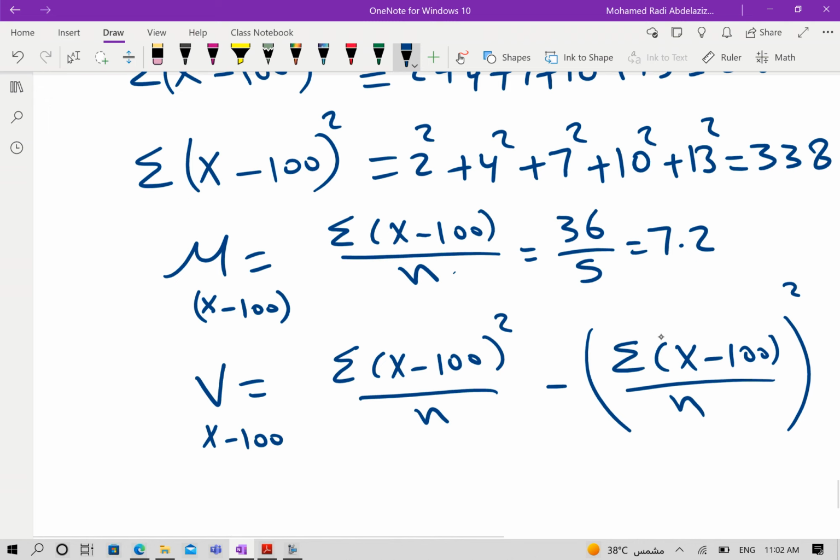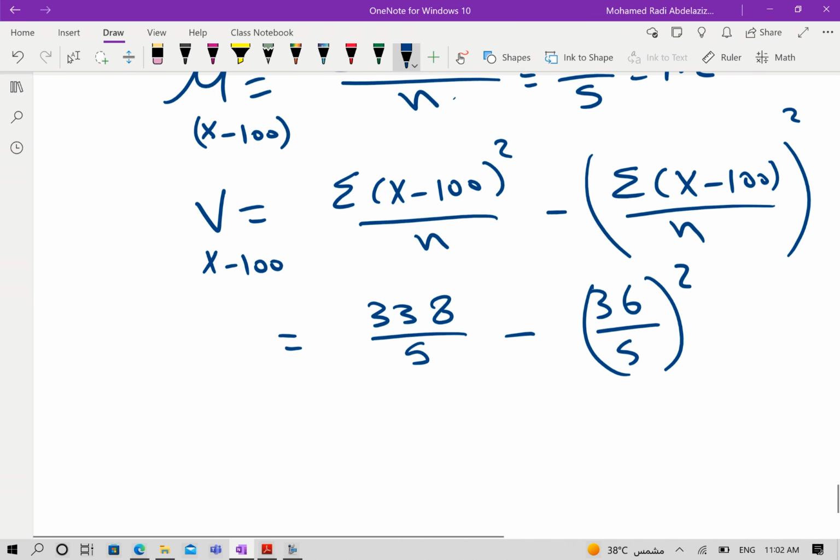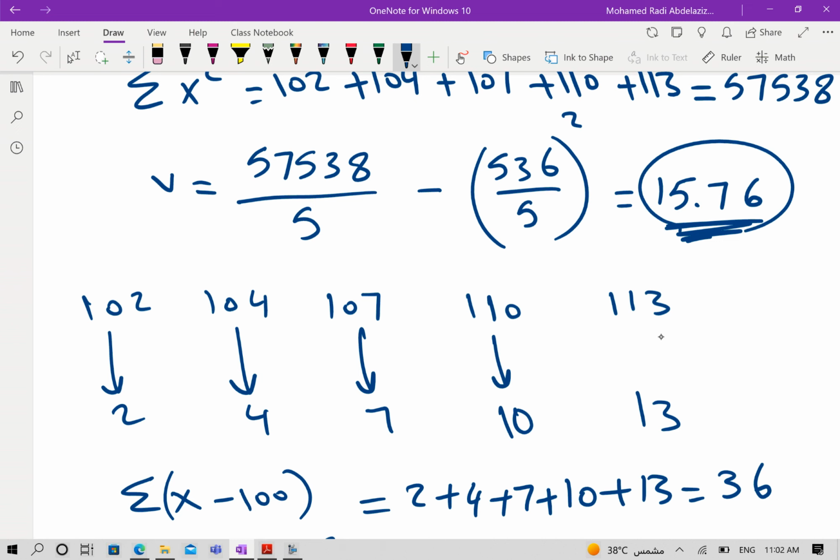Summation of x minus 100, all squared is 338, divided by 5, minus summation of x minus 100, which is 36, divided by n, which is 5, the whole squared. Do you find the same answer with or without coding? Yes, it has to be the same.